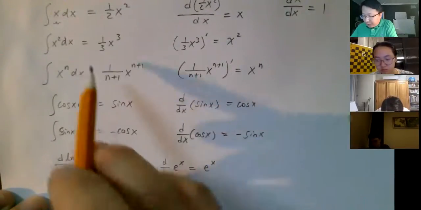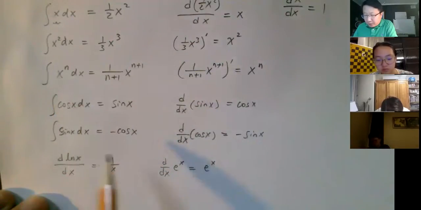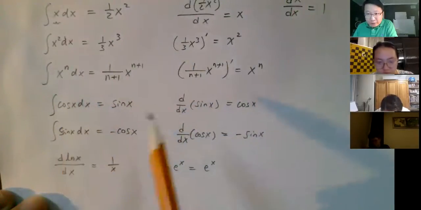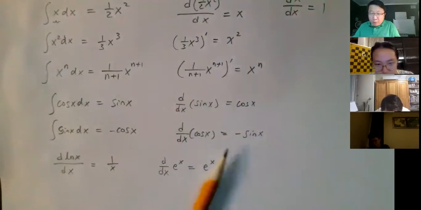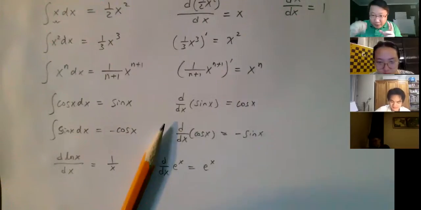And meanwhile, of course, we know how to do the integral, right? Because when we do the integral of any function, we are really looking for the function whose derivative gives that function.